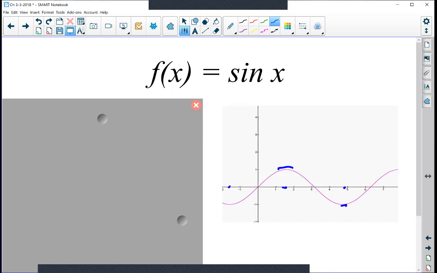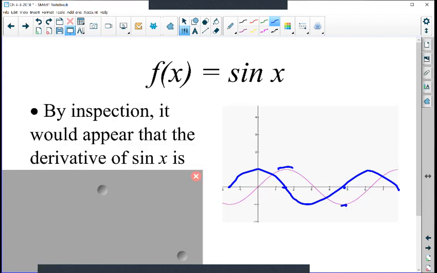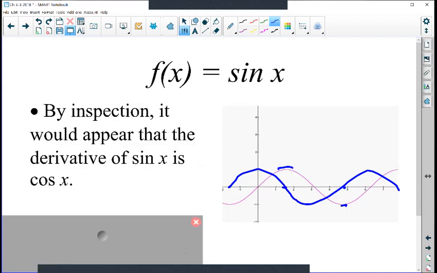It's going to be positive, and then it starts to decrease, so it's negative, and then positive. What does that blue graph kind of look like? What function? Cosine. All right. So that would be a pretty good guess. So it would appear that maybe the derivative of sine is cosine.